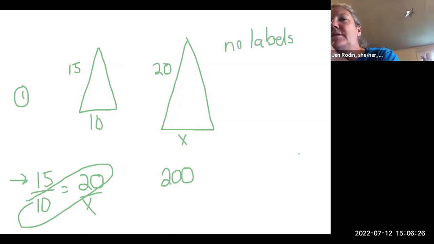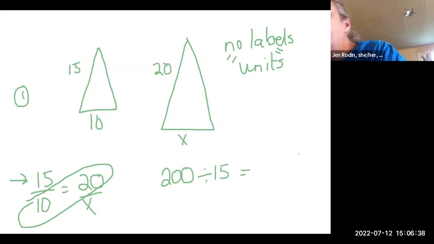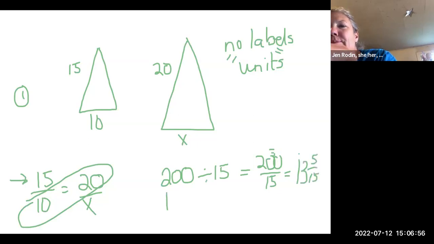Just say units if it bothers you. 200 divided by 15. That one comes out to be 13 1/3.